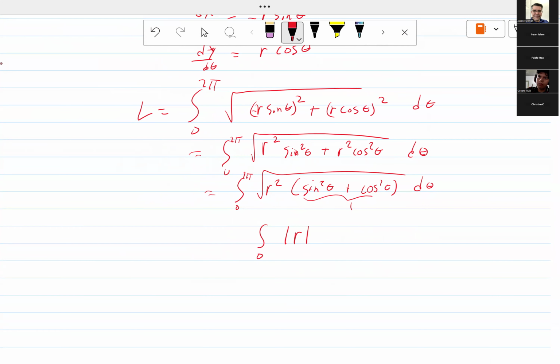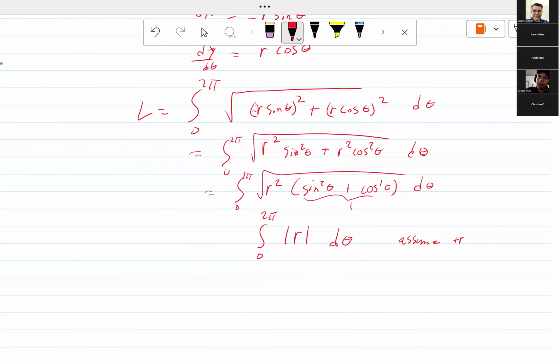However, we will assume that r is positive, because we're going to say that r is the distance from the origin out to a value, and we're going to let r be positive. So assume positive r. We could let r be negative.